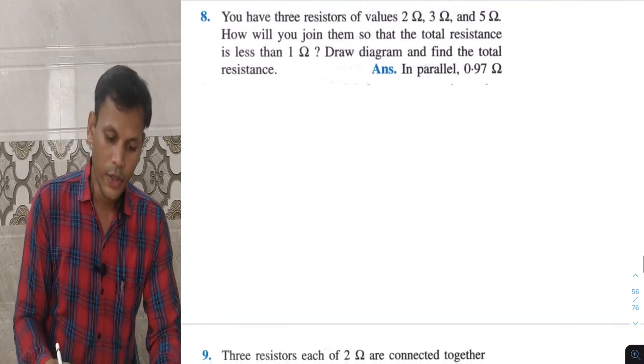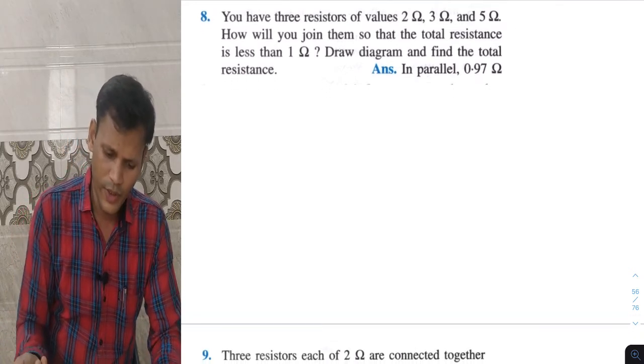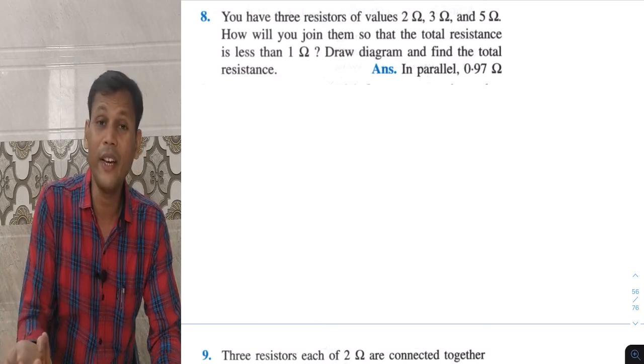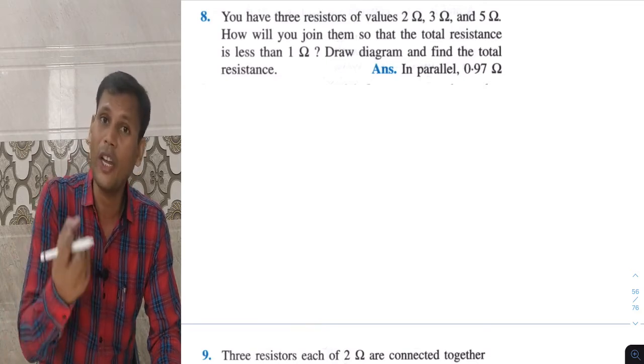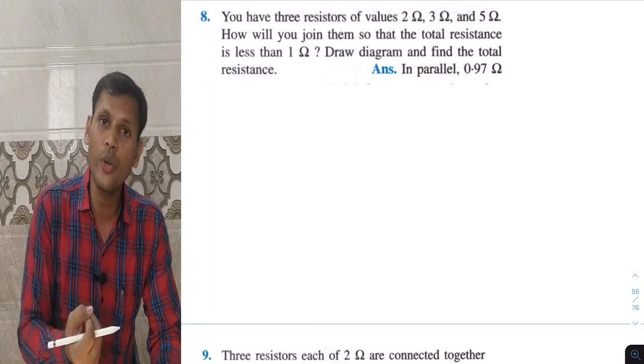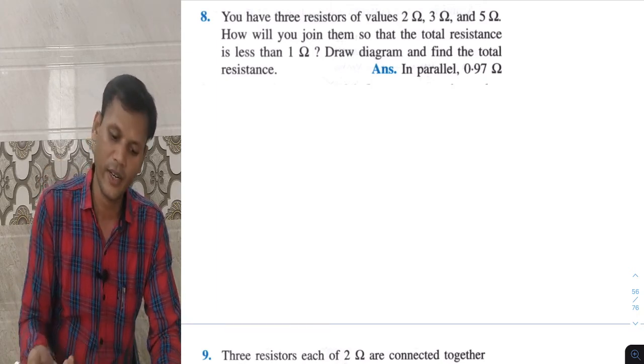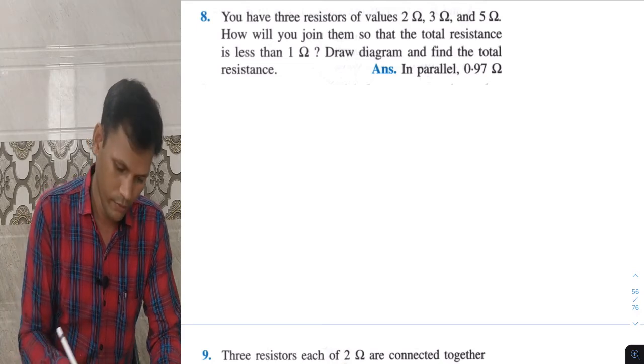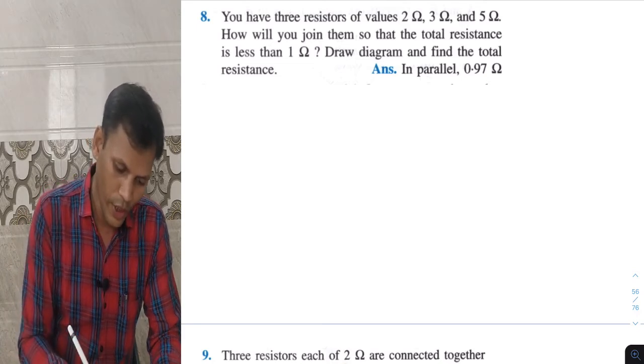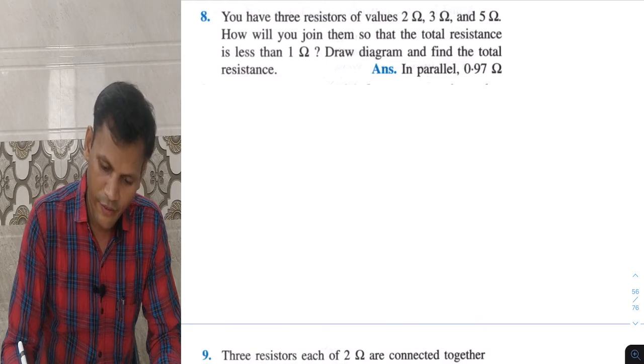So the simple idea I have given is that if we need a smaller value, then what we have to do is connect the resistances in parallel. So we can write what information is given.